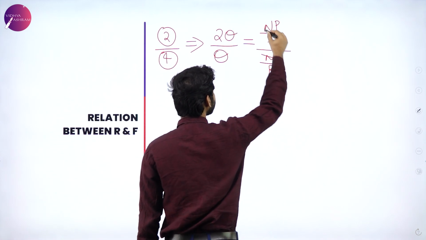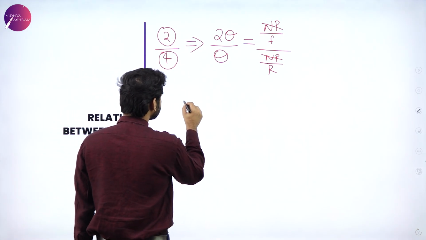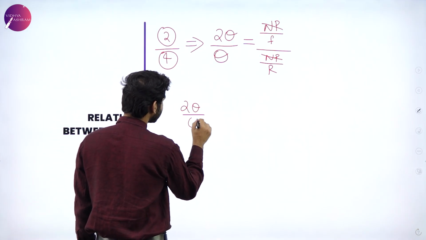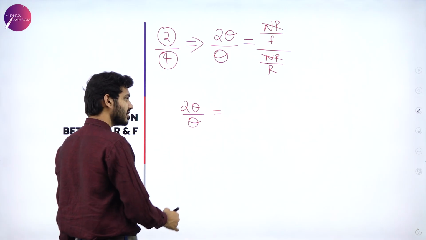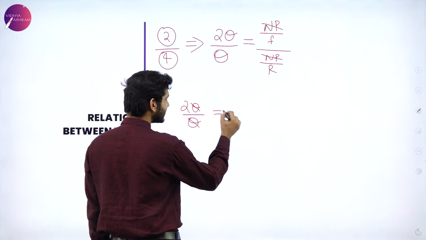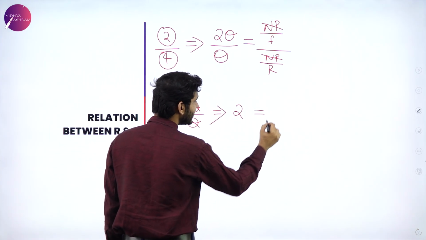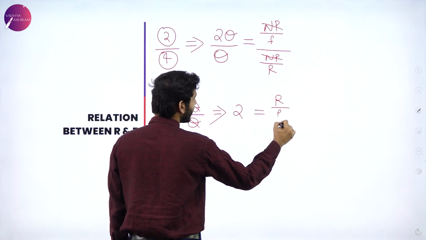NP and NP will cancel each other out. Then 2 theta divided by theta, where theta and theta cancel, implies 2 is equal to R divided by f.